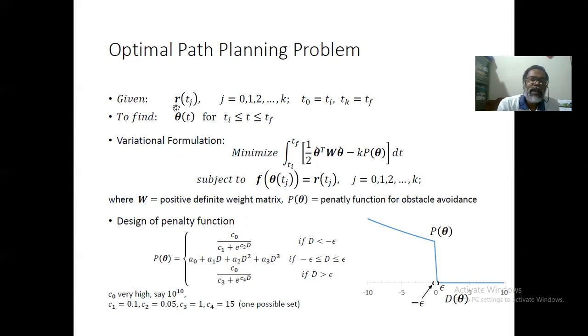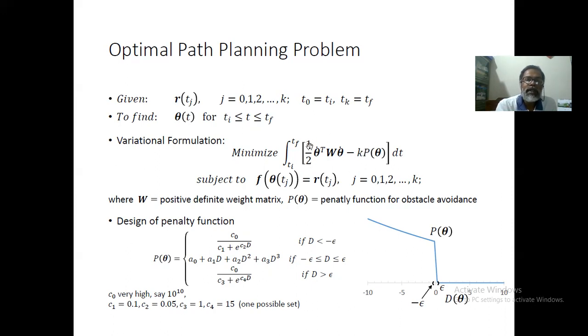Okay, so here you have given r(t_j) at some values of j. Say K plus 1 total number of time points. Okay, and you want to find out some continuous theta of t from Ti to Tf, which will minimize this. This is our formulation.